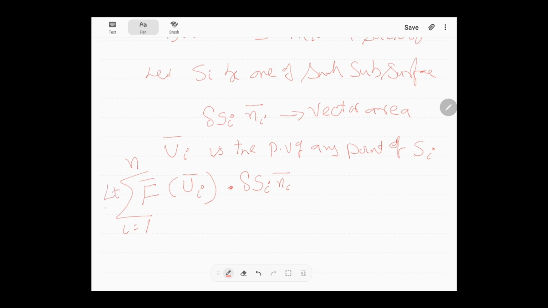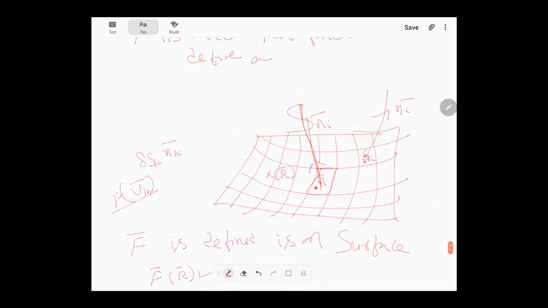I will take the limit as n tends to infinity. If I do the same thing by dividing the surface into many more subsurfaces, if I make it 100 at the beginning, after that 1000, after that maybe 1 lakh, maybe 10 lakhs, like that, what happens?